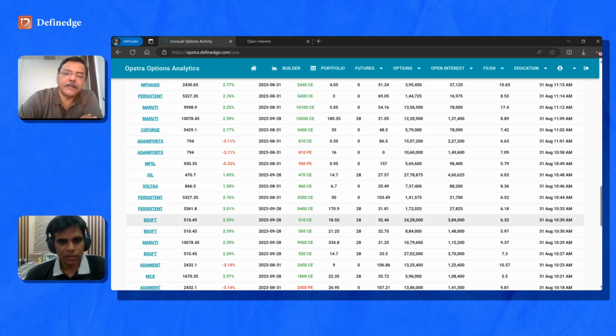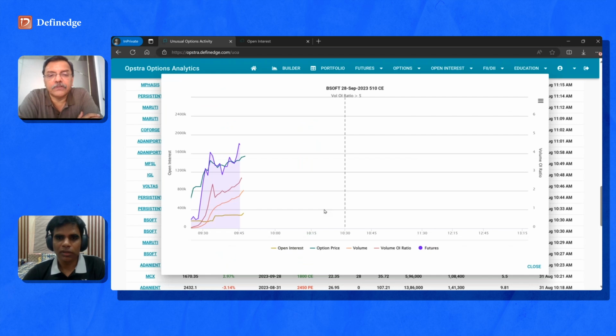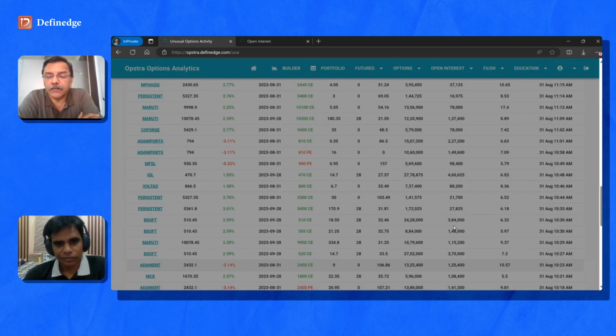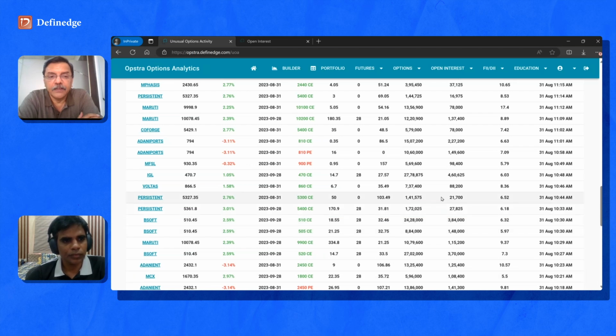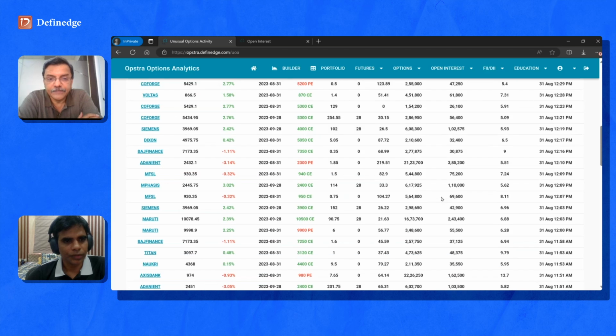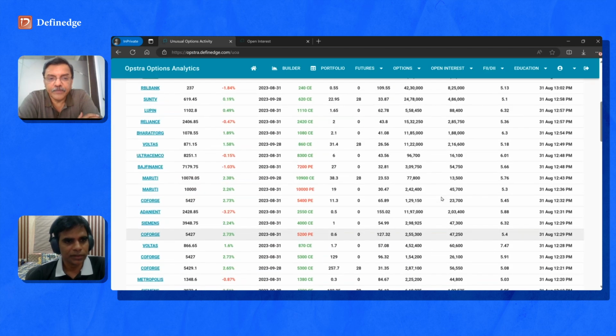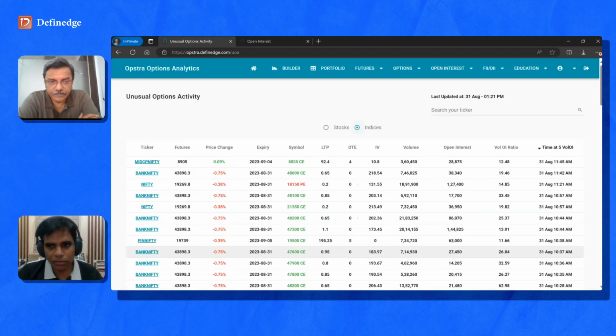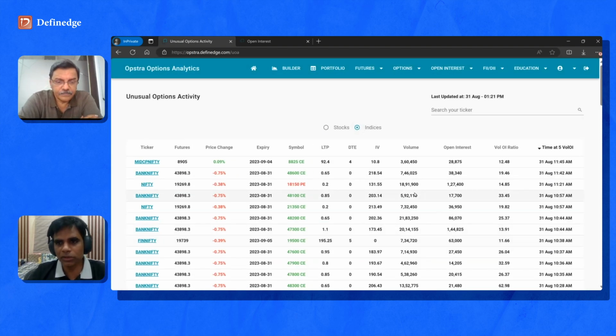And I'm just getting an idea. Instead of stocks, if you look at indices, since Nifty was bearish since morning, maybe there was some activity. There is an option to select only indices, right? Yes. So you can do the same kind of thing in indices also.